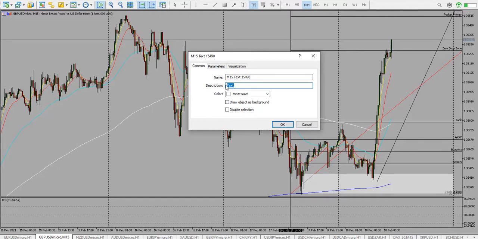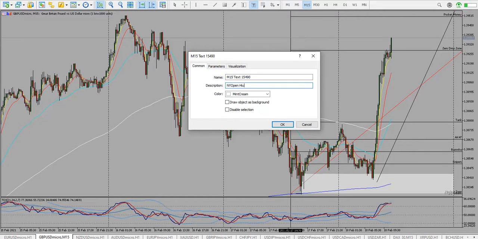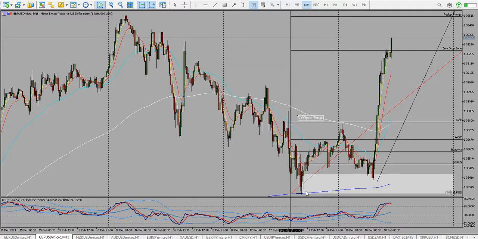This is New York open high, and then this was supposed to be New York open low.